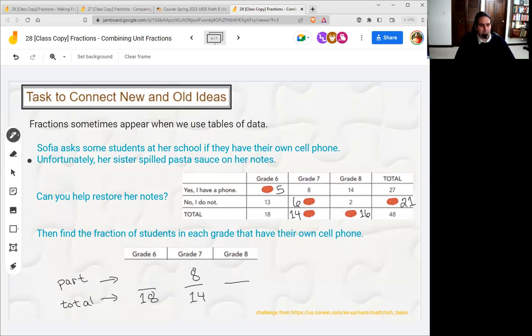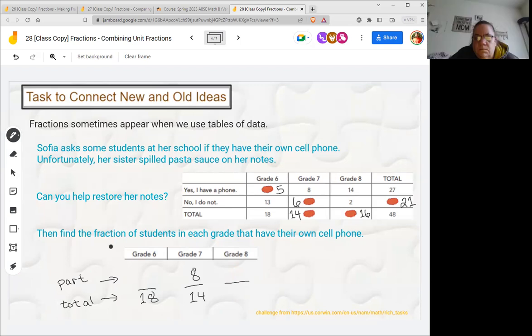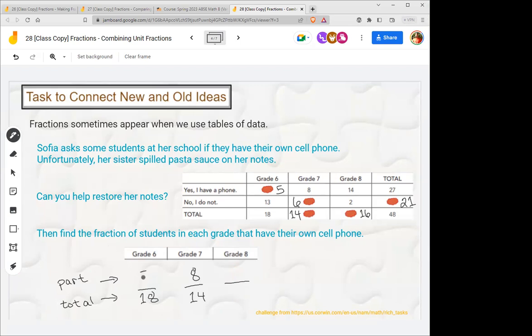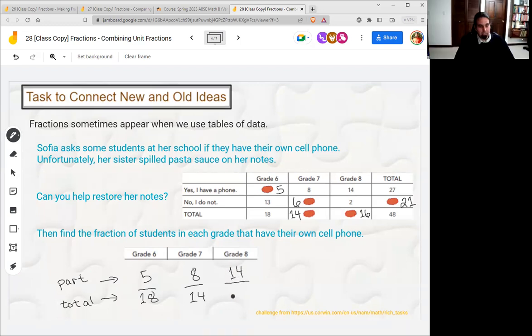Tell me what to write. 5 would be over 18. 3. Fourteen over 16. Perfect. Okay, everyone happy with this?